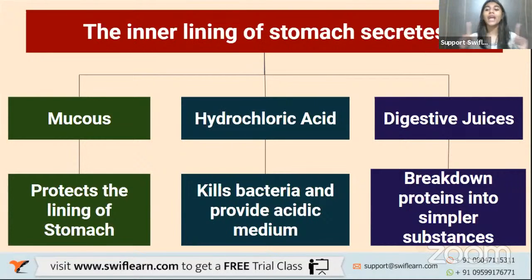Nothing is broken down in the esophagus. The esophagus is only to push down the food. It just connects the mouth and the stomach. That's all. Now, digestive juices have proteases, that is enzymes that break down proteins into simpler substances.